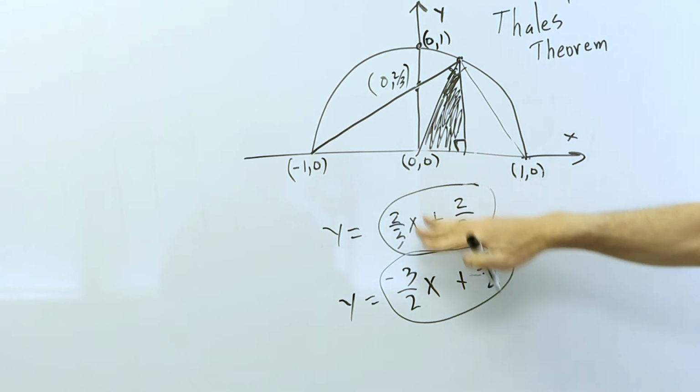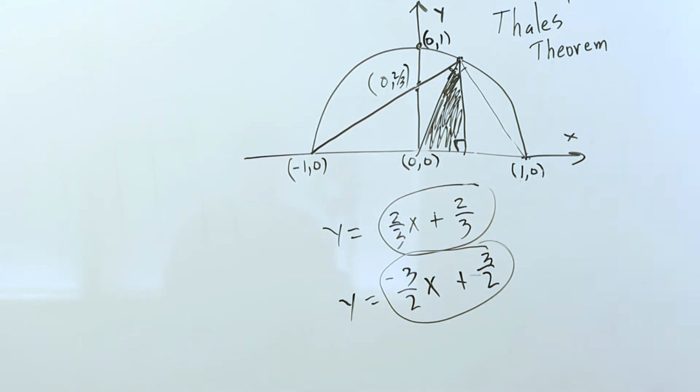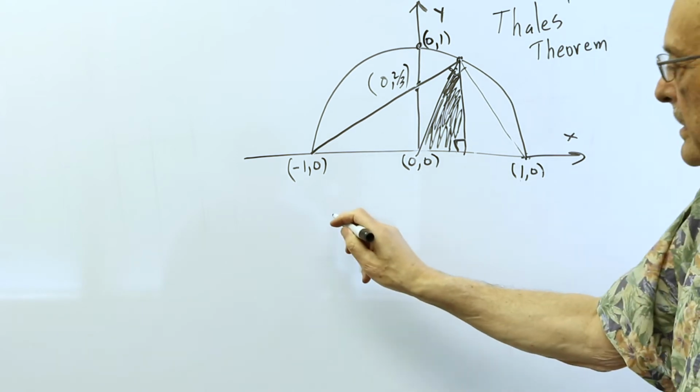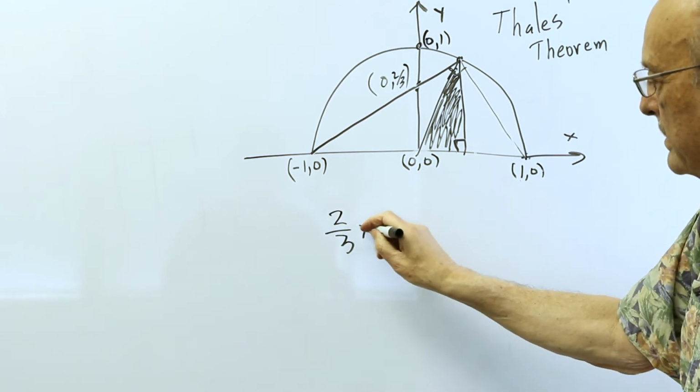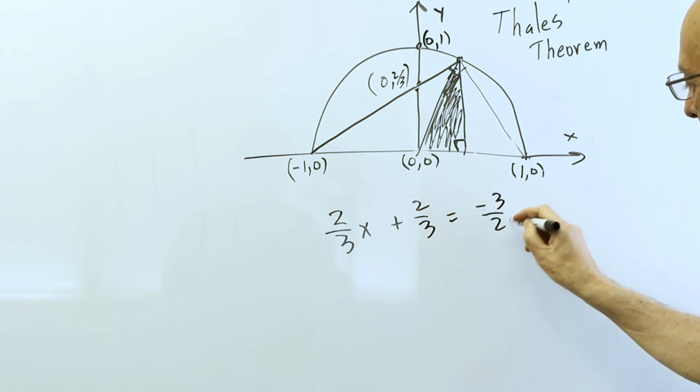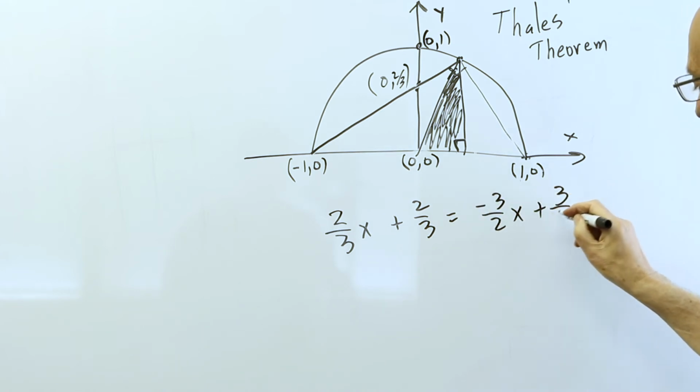So I just have to do this algebra. So I have to solve 2/3 x plus 2/3 equals -3/2 x plus 3/2.